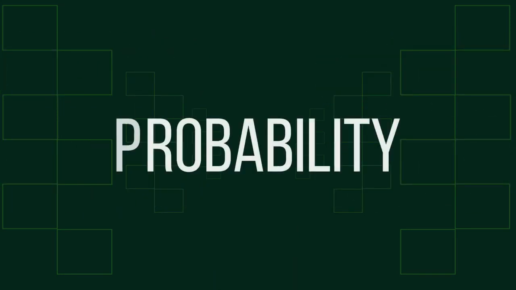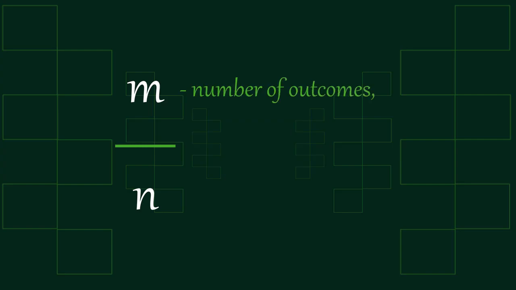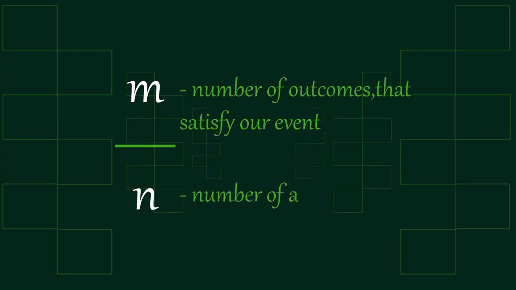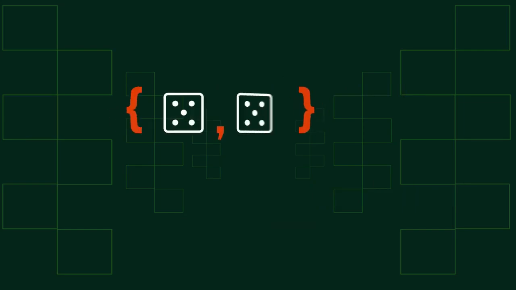After we construct a sample space, it's pretty easy to find the probability of an event. We just need to find the ratio between the number of outcomes that satisfy our event and the total number of outcomes. For example, let's find the probability of getting more than 9 as a sum of 2 rolled dice. Our event is a sum that's greater than 9.